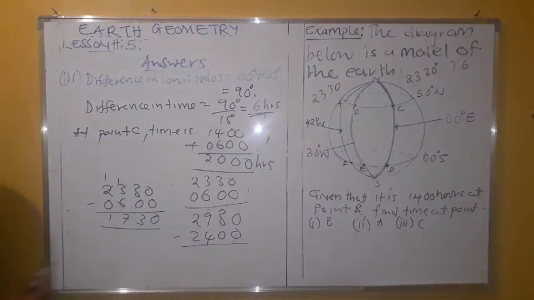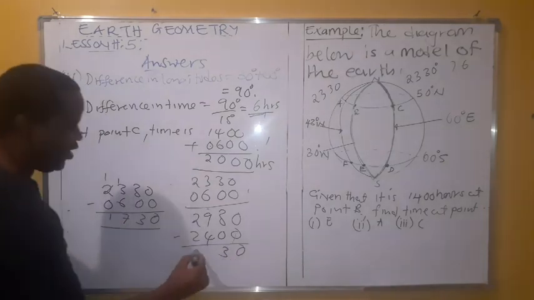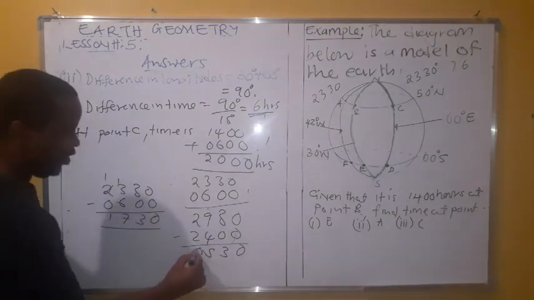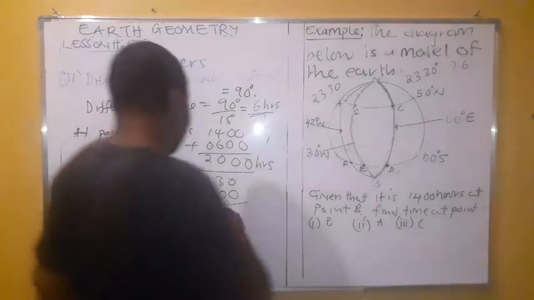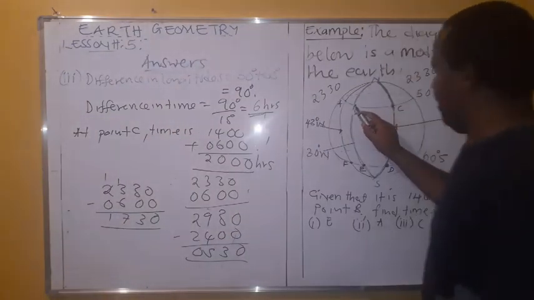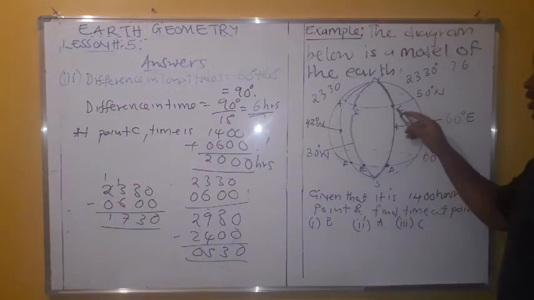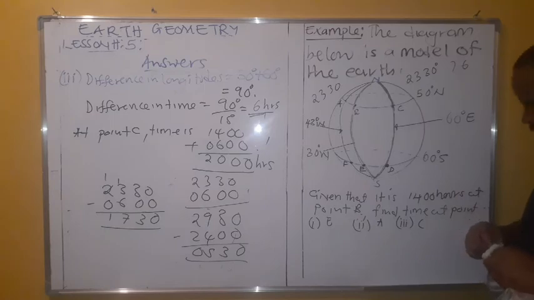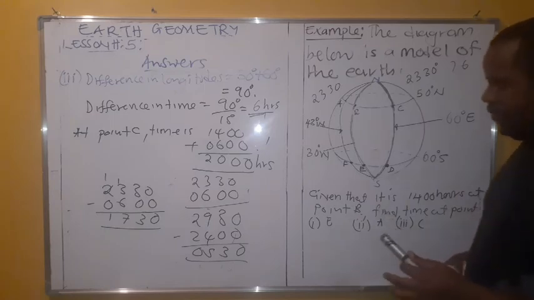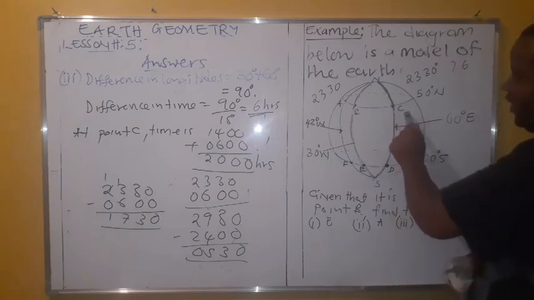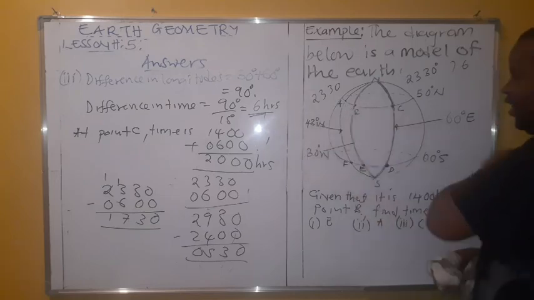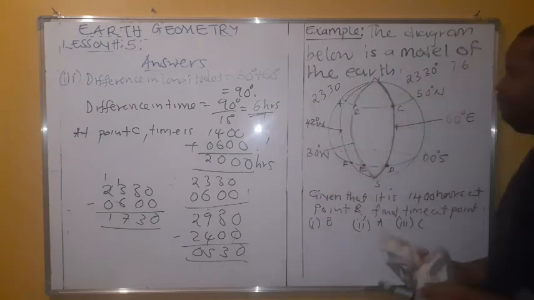So this is the time. If it is 23:30 here, it will be 05:30 at point C. So again, we have said if it is 23:30 here it will be 17:30. And the converse is what we have written here.